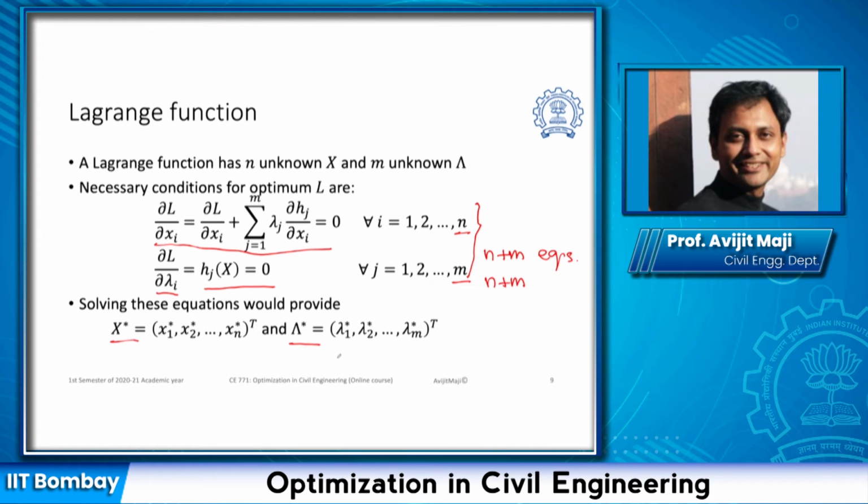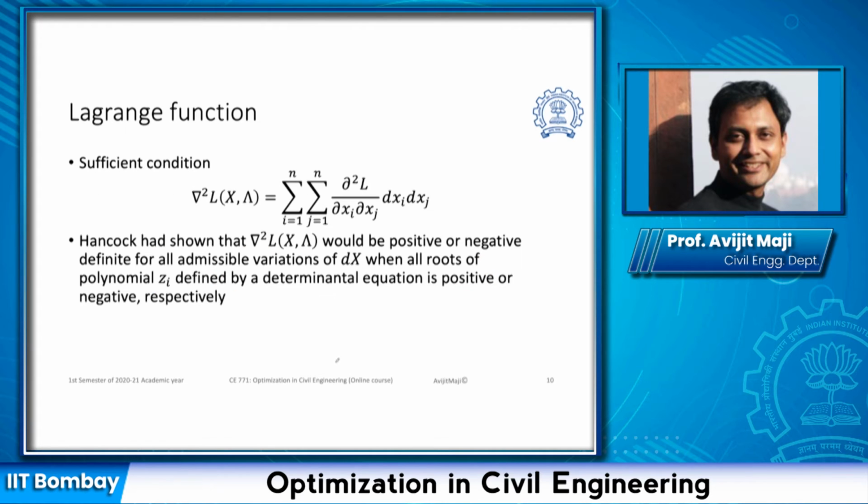So we'll move to the sufficiency condition. For the sufficiency condition, we need to take the second order derivative of the Lagrange equation, and we can write it in this format.